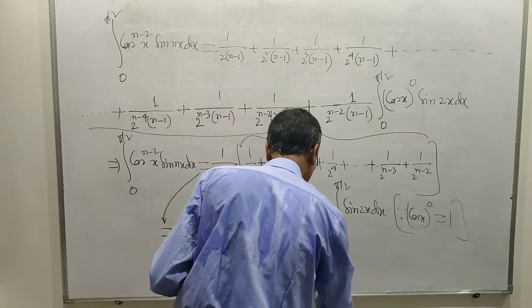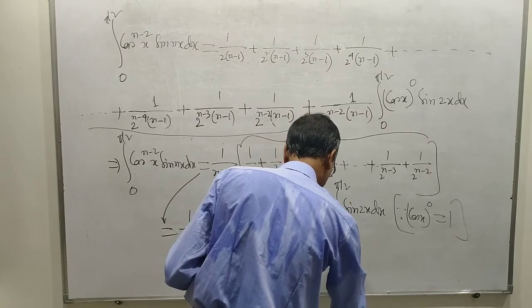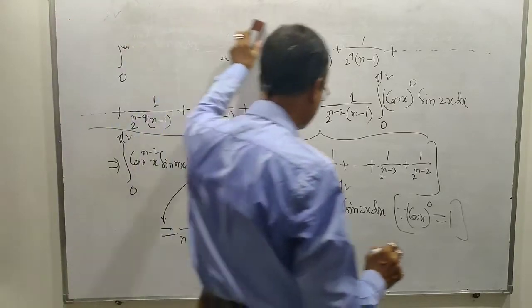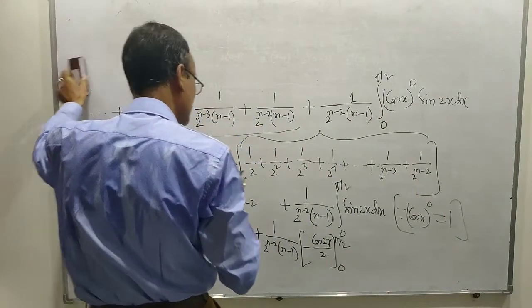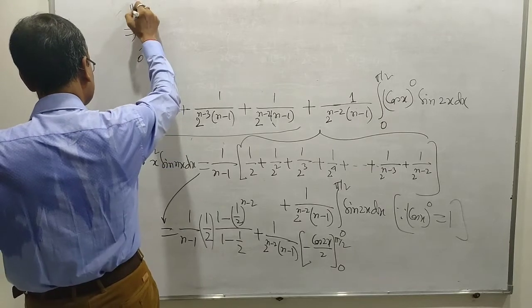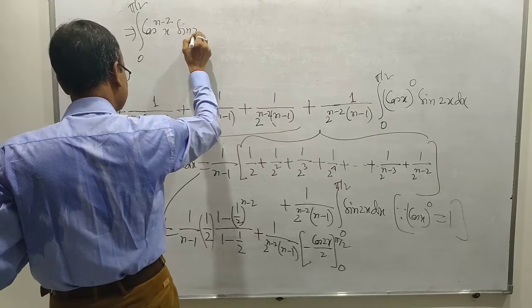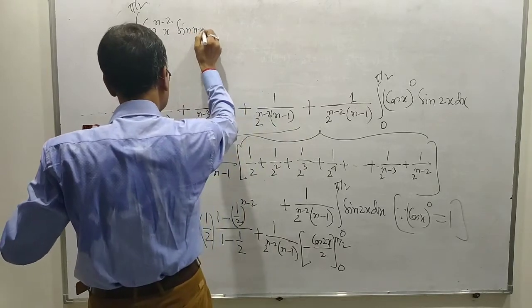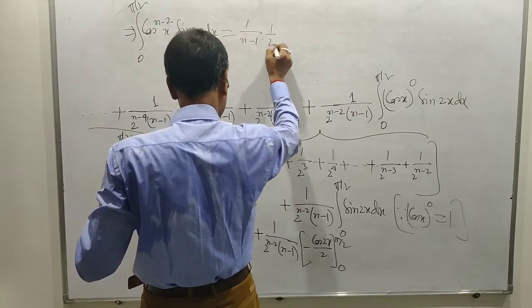What is the integral of this? Minus cos twice x divided by 2, from 0 to pi by 2. This is equal to, this means the main integral of cos to the power n minus 2x sin nx is equal to 1 by n minus 1, 1 by 2.